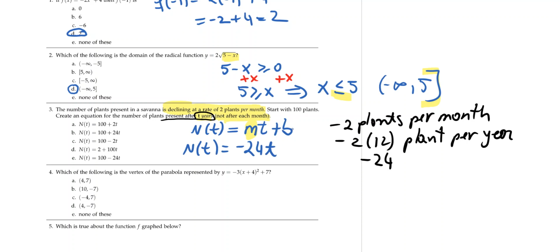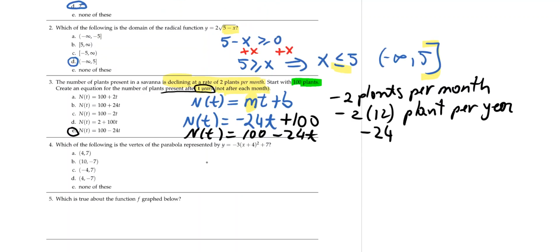It's the y-intercept when t is 0. Well, it says in here that we started with 100 plants. So it'll be plus 100. So then N of t, write this nicely, it's 100 minus 24t. And the answer is D.